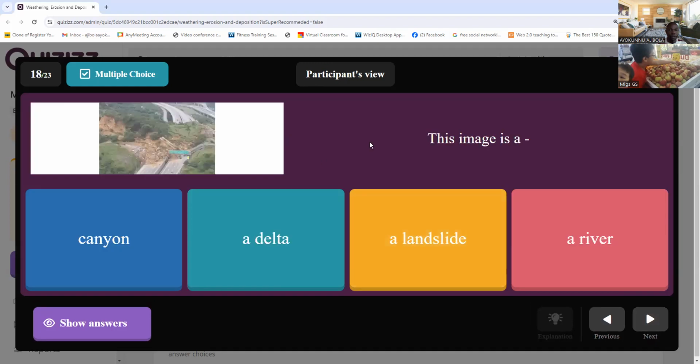So the next one, this image is a what? What is the picture? Is it a canyon? Is it a delta? Is it a landslide? Is it a river? Did you see the picture? Oh, it's a road.